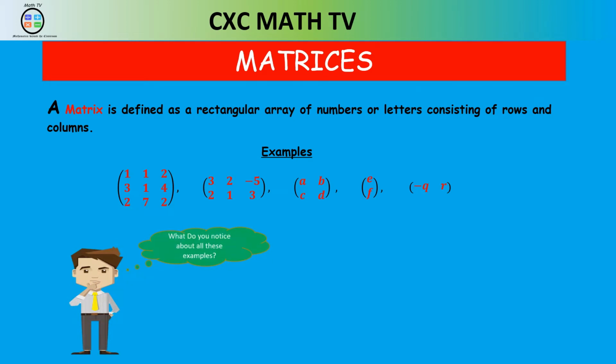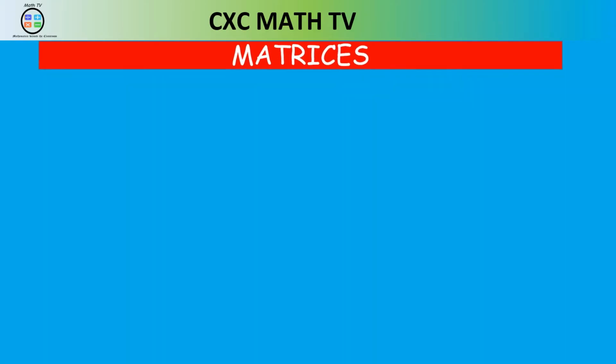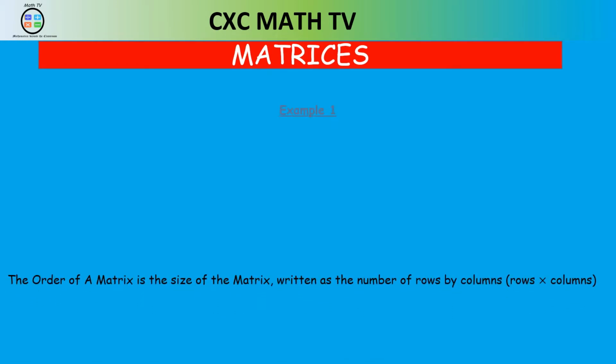Now from all these examples, what do you notice? Well, what we should notice is that the number of rows and columns of each is different. Look at example 1. Let's call this matrix A. What do we notice? The number of rows is 1, 2, 3 rows.